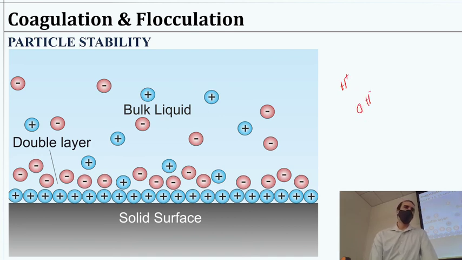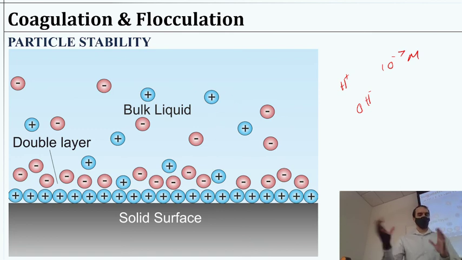And if you remember from chemistry, those are going to be something like 10 to the minus 7 moles per liter. So very sparse. If that's what you're relying on, this double layer is still going to have an impact. You're still going to be attracting charges, and the charges are going to want to align with opposite charges, but it's going to stretch that double layer way out into solution.